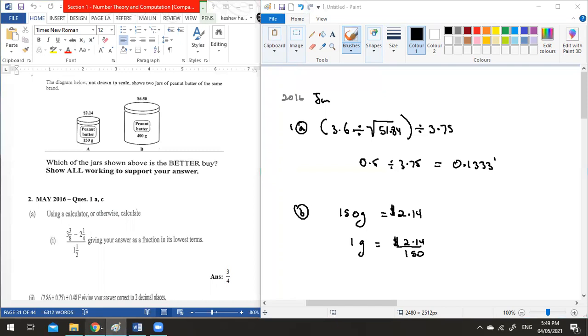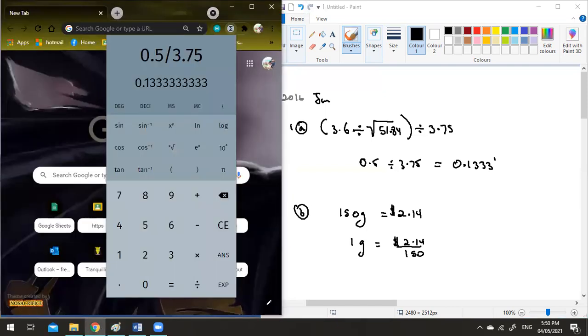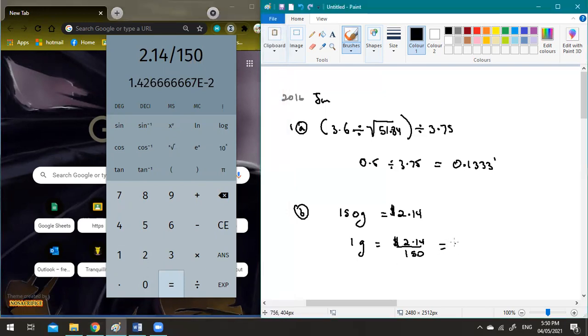So calculator time. $2.14 divided by 150, right, I'll get it to be 1.426 recurring, right?